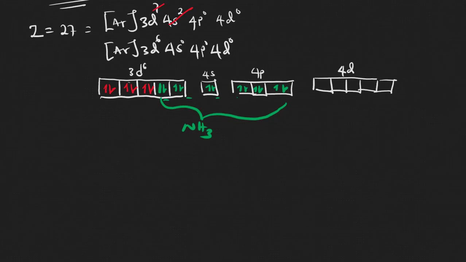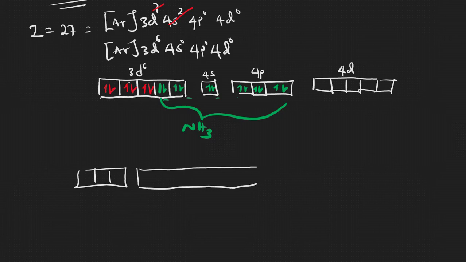We're going to have something like this. 1, 2, 3, 4, 5, 6. Then we'll have 1, 2, 3, 4, 5.